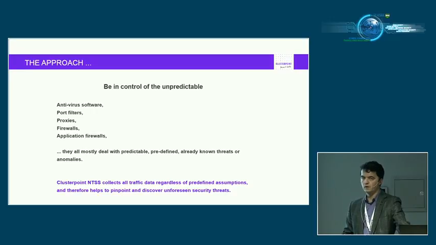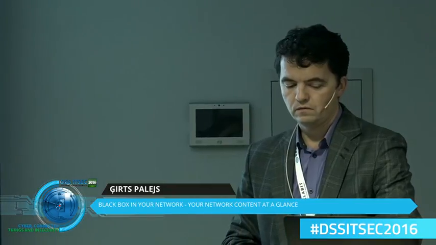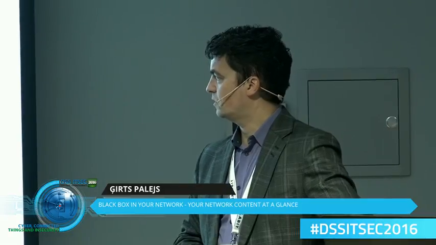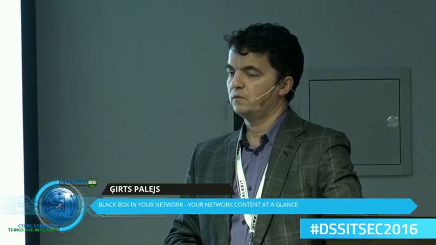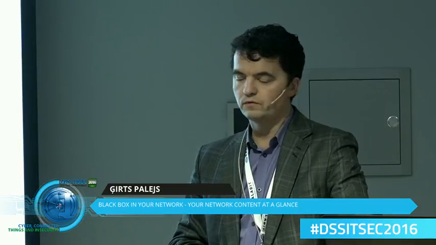Somebody might be working now on the network, doing his business, sending his files and documents and reading and commenting on stuff, and everything is fine because he is not breaking any policies. And then a month later there could be some kind of data breach or mess with the information sent, customer documents, document versions, and all of a sudden it becomes very important what exactly was done one week or one month ago within your network, what information was sent out, what information was read, what comments were made.